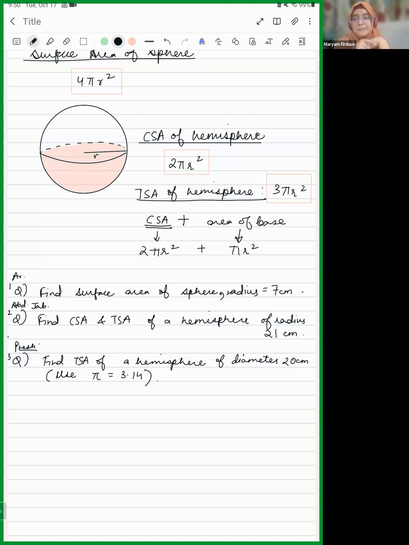If radius is 7 centimeters, what will be the diameter, double of 7? We don't need the diameter over here, do we? Look at the formula which is there on the screen. The formula requires radius itself, and you already have the radius. So you just have to put in the value of r in that formula.